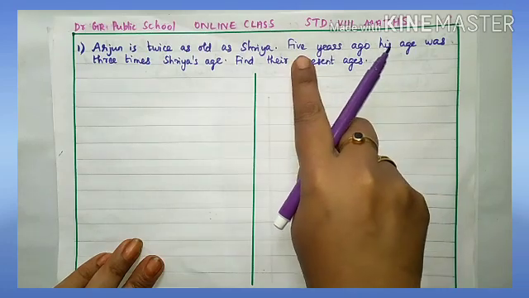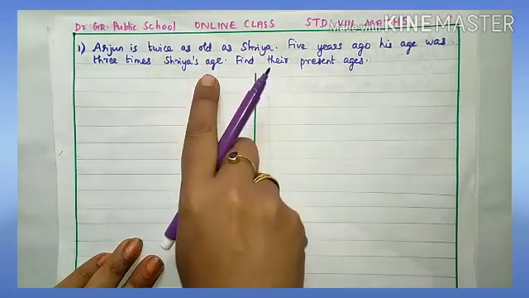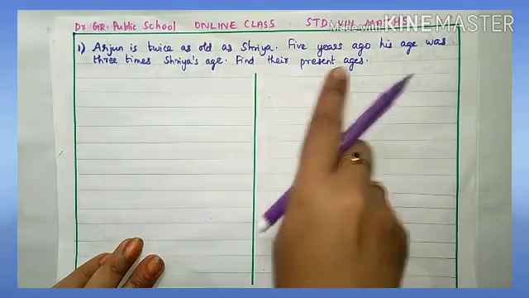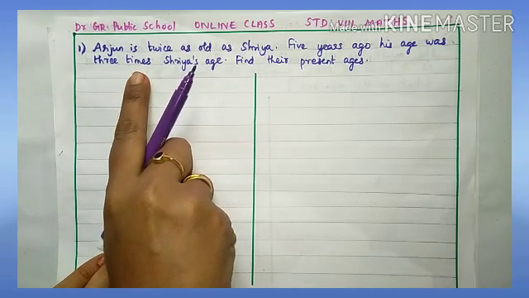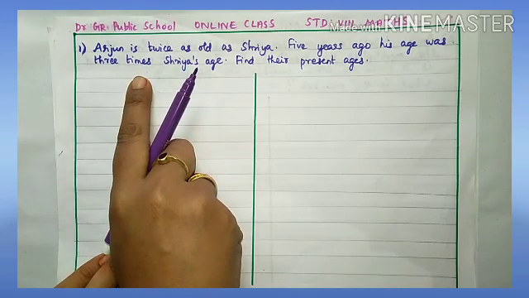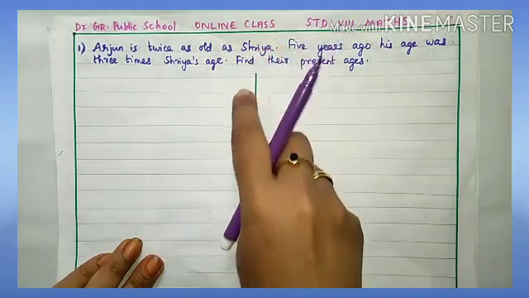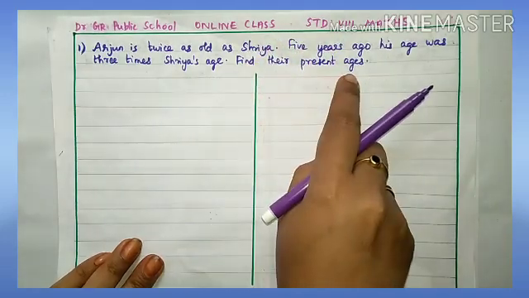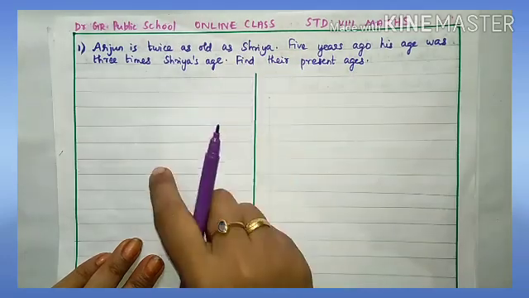So here also 5 years ago his age was 3 times Shreya's age. That is, before 5 years Arjun's age was 3 times, that is multiply by 3, of Shreya's age. So those are the two conditions given. We want to find their present ages. So you understood the meaning? Yes, let us start the problem.